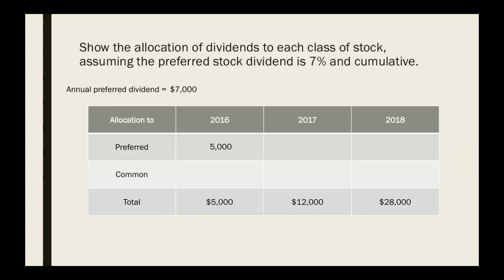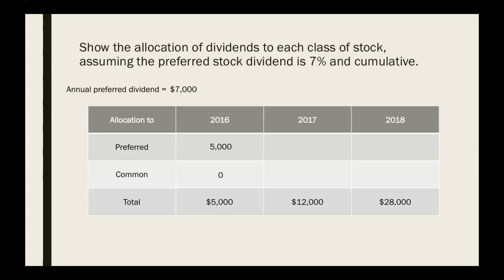They can't magically get their $7,000 even if we aren't going to pay it out, right? So they get as much as they can of that $7,000. So if $5,000 are going to preferred, there's nothing left over for common. So common shareholders will only get whatever is left over at the end.